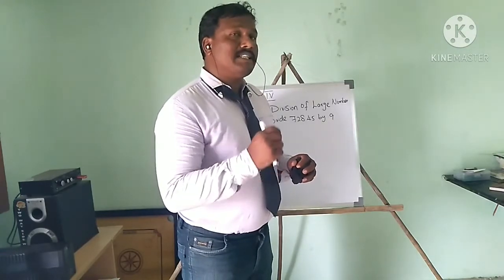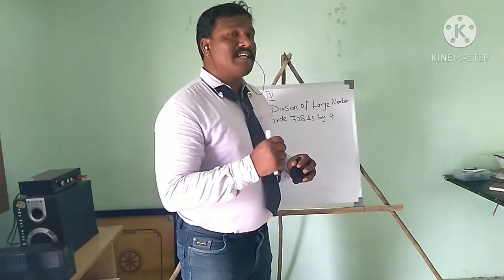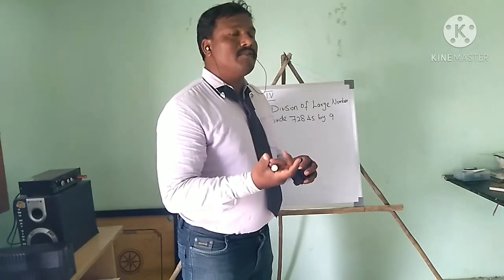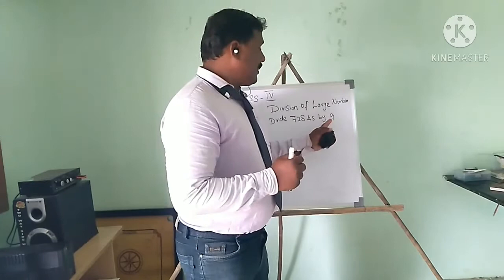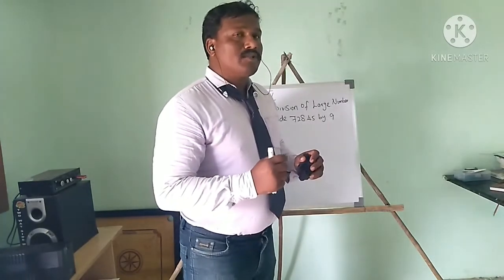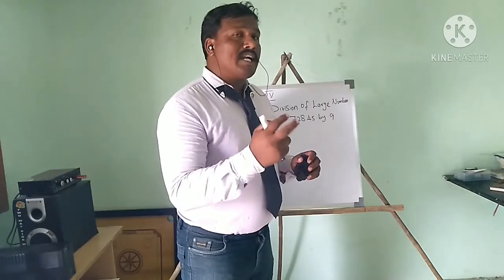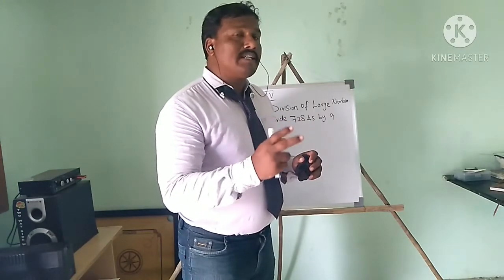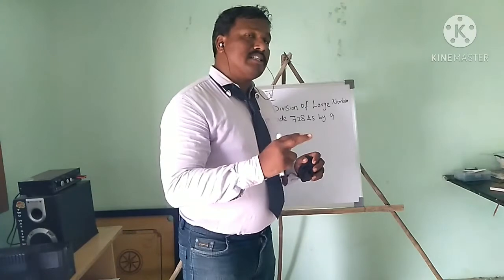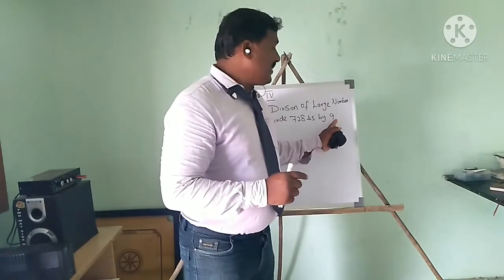First, you have to check the divisor. Which number is the divisor? Like here, 9 is the divisor. Based on this divisor, you can plan and take two digits or one digit.